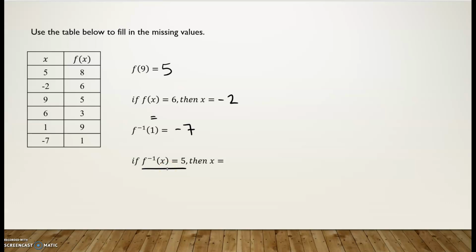That's really just saying y is equal to 5. But since it's the inverse function, this is actually x is equal to 5. So when you come to x values, find our 5. Okay, and I'm going to grab that 8. Okay, so everything is switched when it's talking about the inverse function.